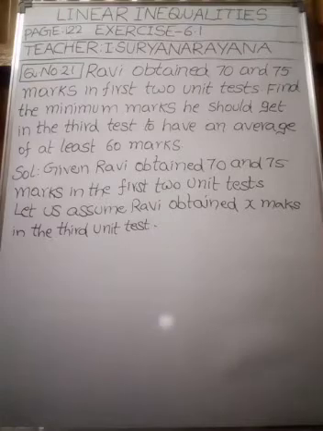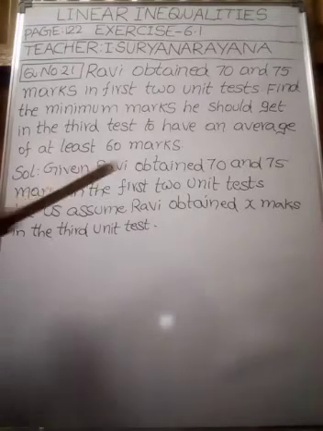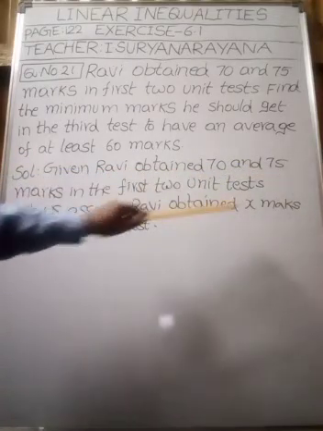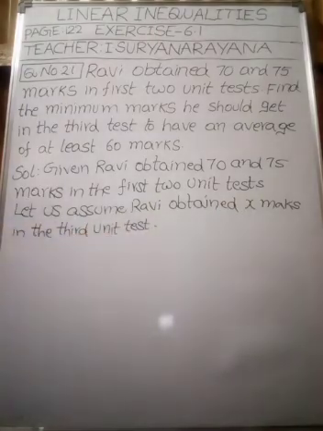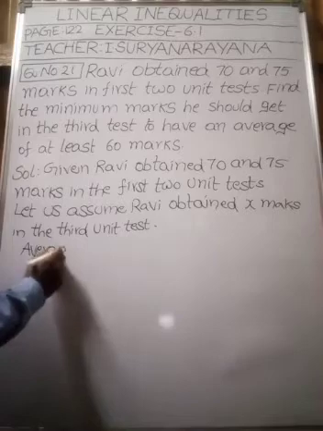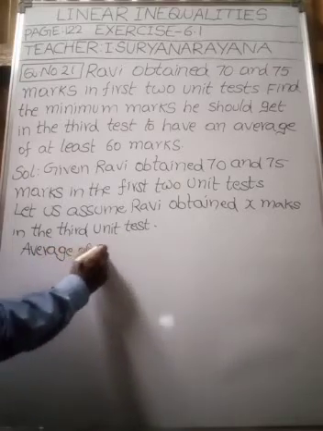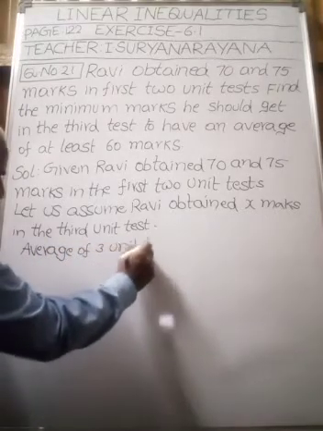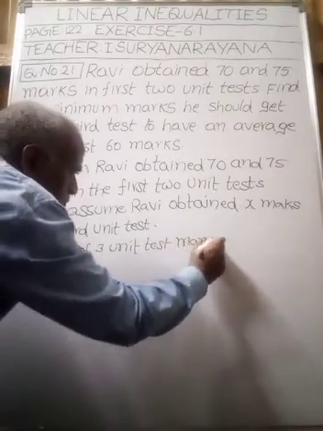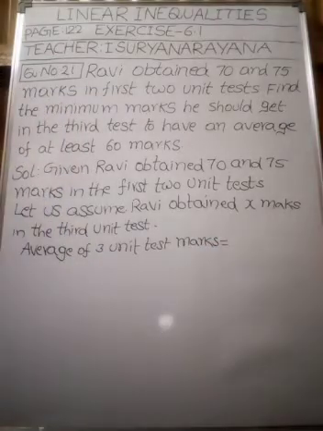Right. Now, we have the marks in the three unit tests. This is 70 marks, this is 75 marks, and this is X marks. So, can we find the average of these three unit tests, my dear children? Right. So, how do you find the average of some quantities?